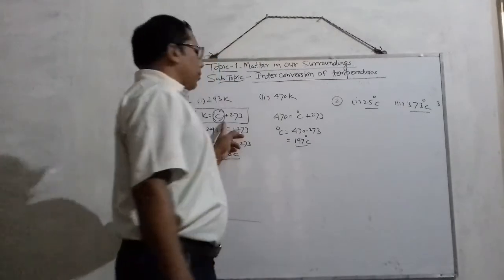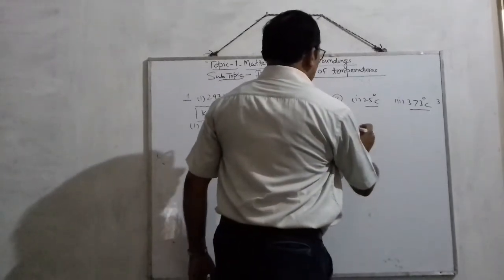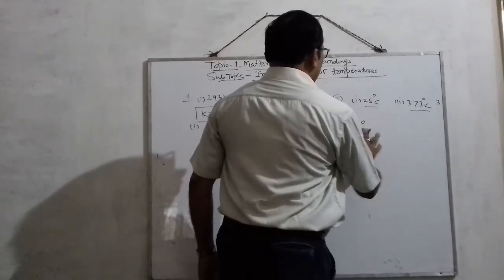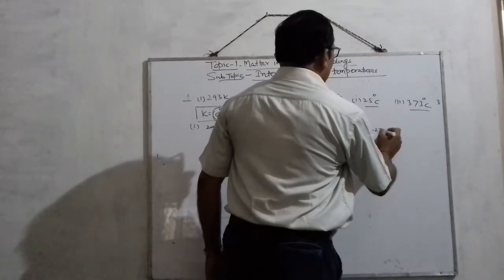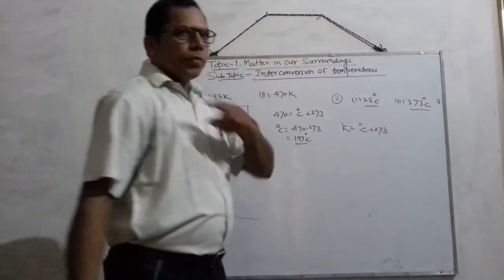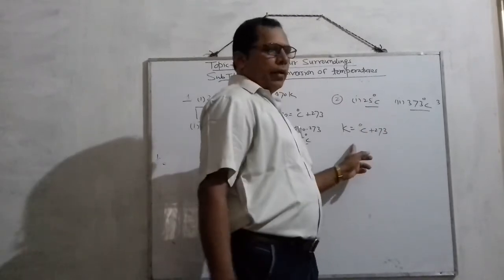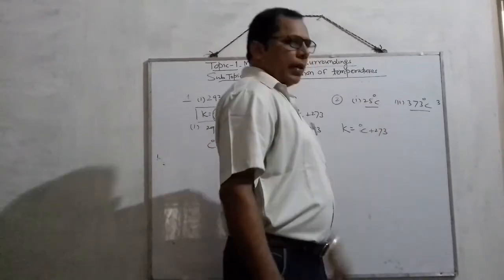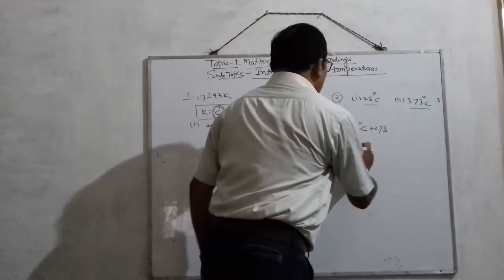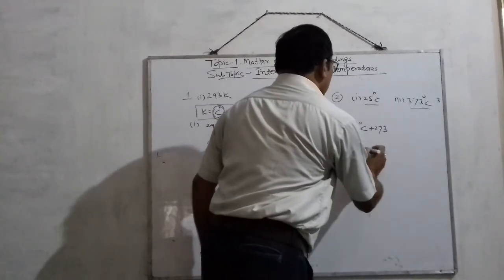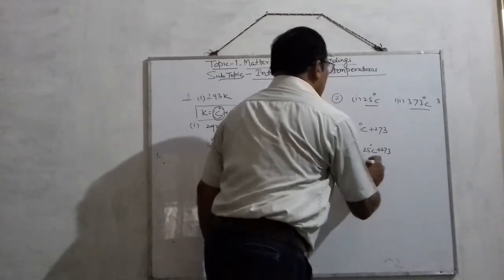So go through the formula. Children, the formula is K is degree Celsius plus 273. In this question we have to convert Celsius into Kelvin. So put the value of Celsius. For the first question, K is 25 degrees Celsius plus 273.